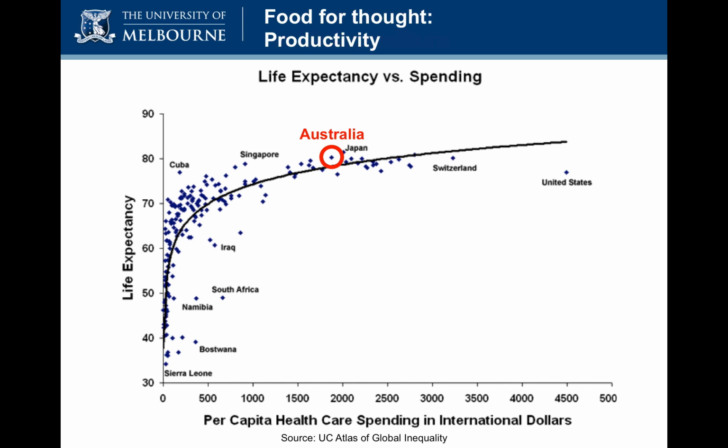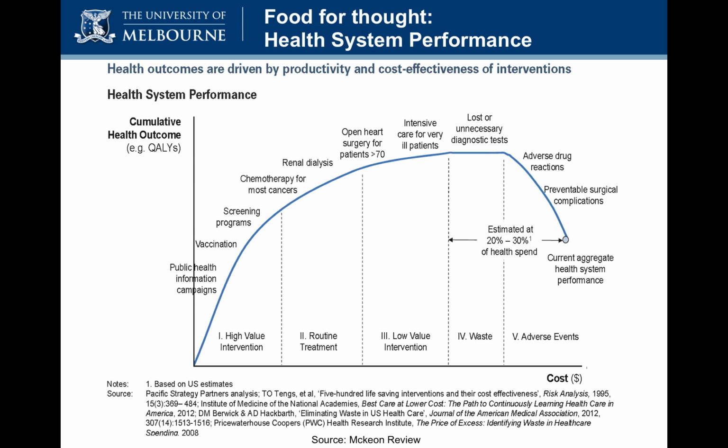And perhaps this is reinforced in the next diagram, which again is from the McKeon review mentioned earlier. What this suggests here is very much the way an economist would think about spending: you potentially could rank healthcare programs in terms of the degree to which they increase health outcomes.